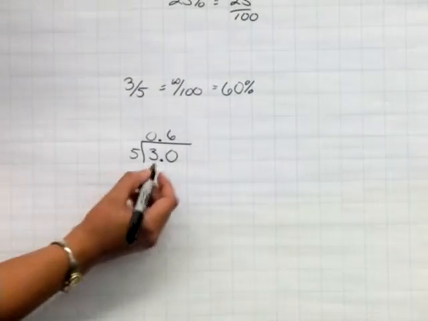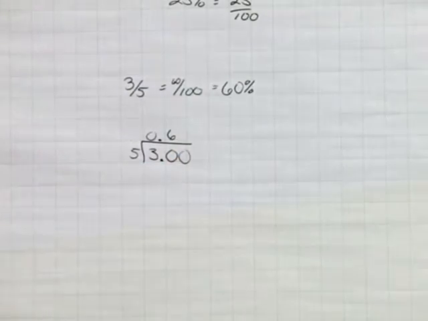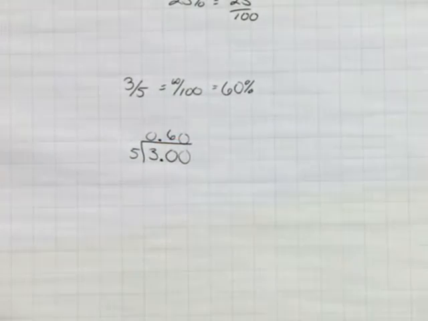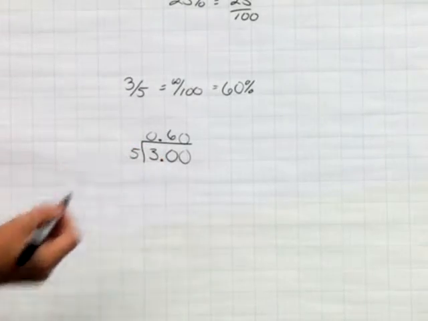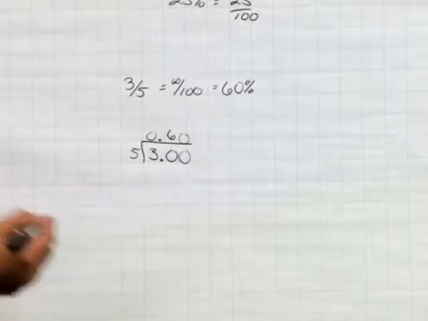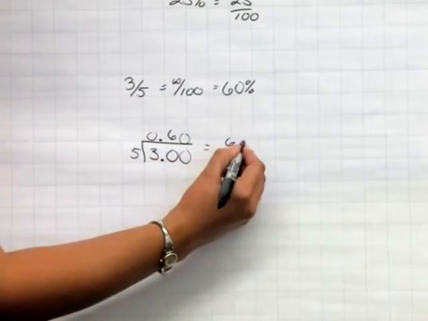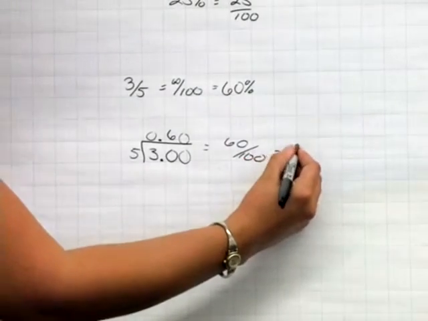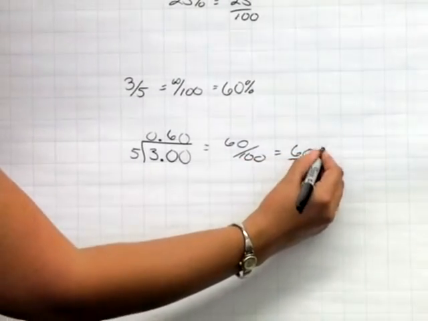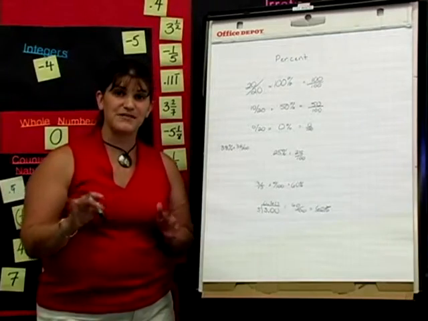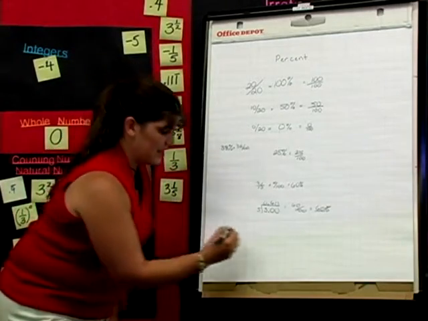Now, 0.6, if we were to add another 0 right here, 5 goes into 0, 0 times, 0.60. Think about how you would say that. 60/100ths. Remember, 60/100ths, 60%.